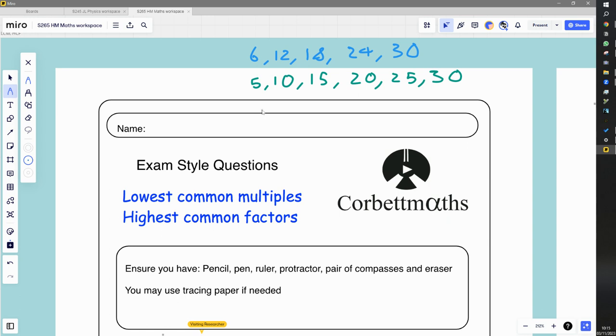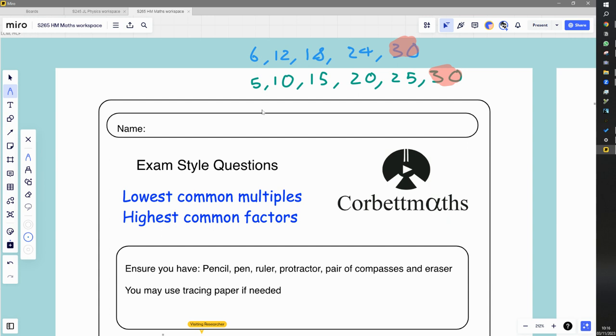What about common then? We just mentioned the word common. Well, notice that they have a common multiple. In other words, a multiple in common. They both have 30. So 30 would be a common multiple of 6 and 5. Lowest, well, it is the lowest, in fact, because it would have more multiples in common.